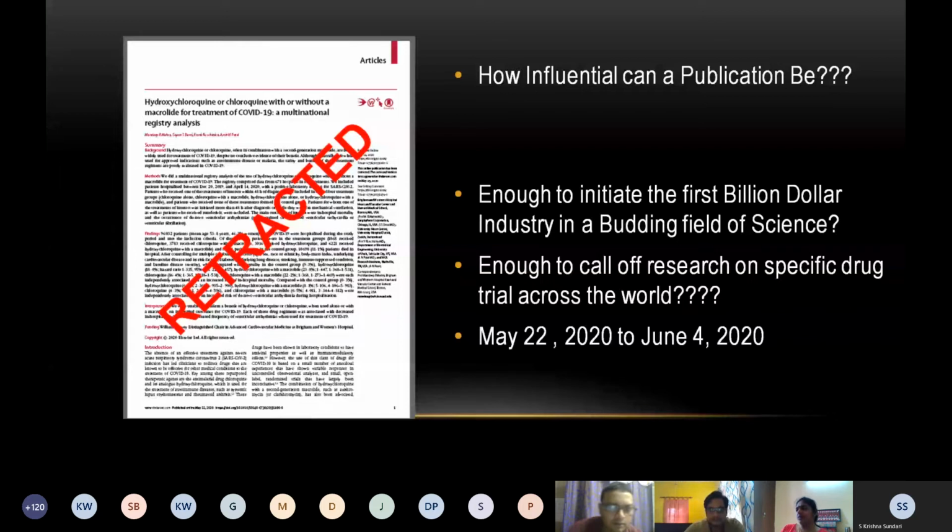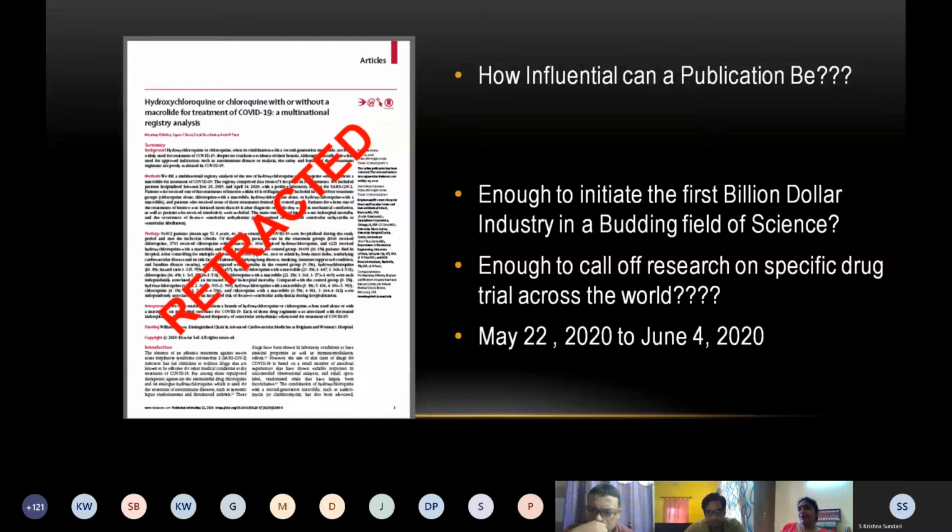Now we come to the next question. How influential can a publication be? Is it very important, and is publication really important in the big scientific world? Then I can say that yes, very, very important. What are the examples I would like to quote to say that publications have a very strong influence on academia and research?